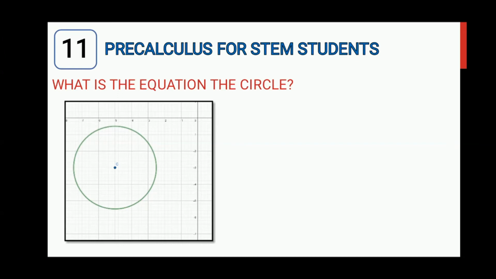Now, the center is located 5 units left of the y-axis and 3 units below the x-axis. So our center is at -5, -3. So our h is equal to -5 and our k is equal to -3.